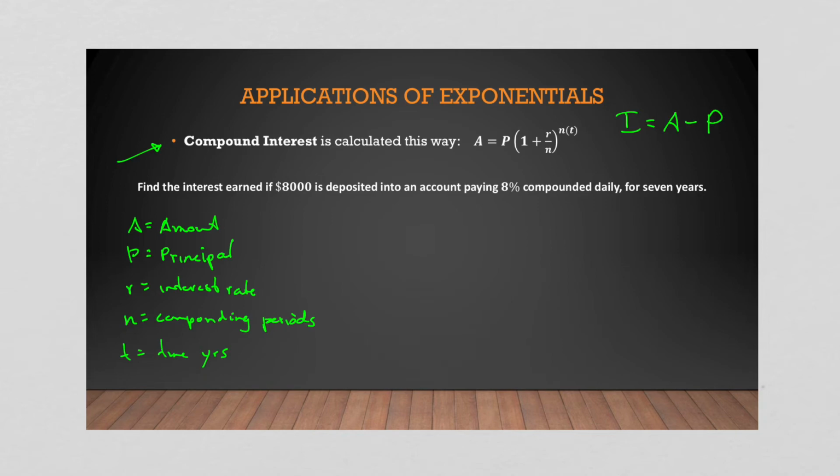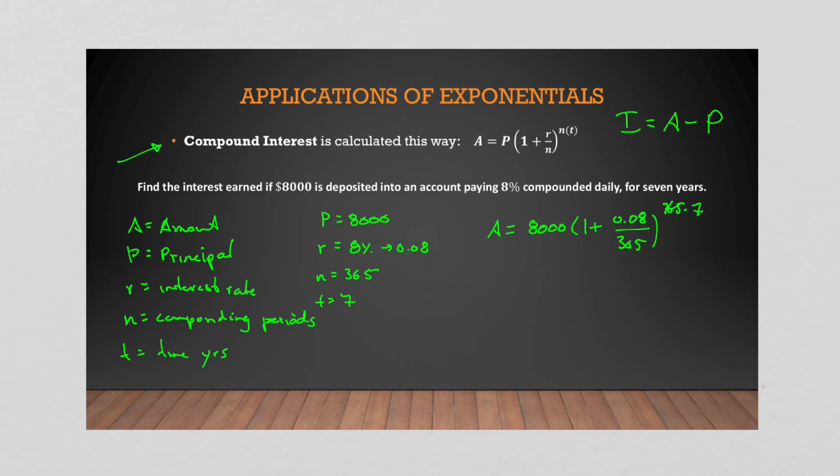So $8,000, so P equals 8,000. R is 8%, which is 0.08. It's compounded daily, which means 365 times a year, and time is 7. So we plug this all in, color by numbers. A equals 8,000 times (1 plus 0.08 divided by 365) to the power of 365 times 7.